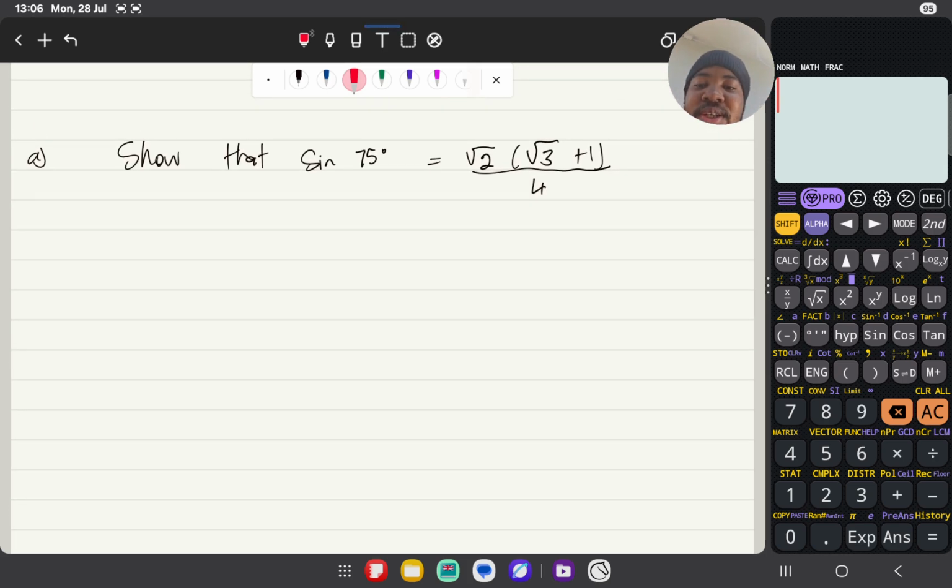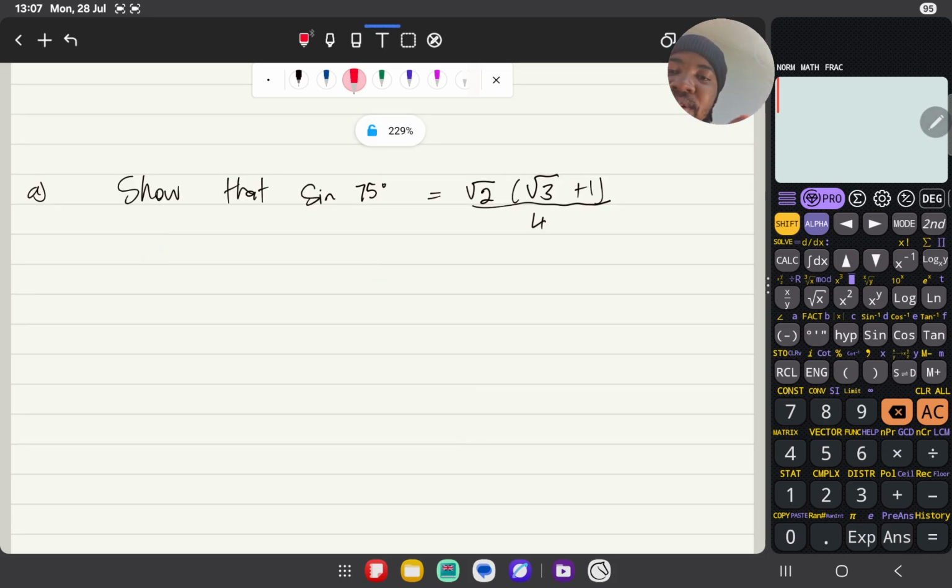They say show that sine 75 is that. The trick is to remember there's only one group of angles which you can solve without using a calculator, and it is special angles. Special angles, we are talking about 30 degrees, 45 degrees, 60 degrees.